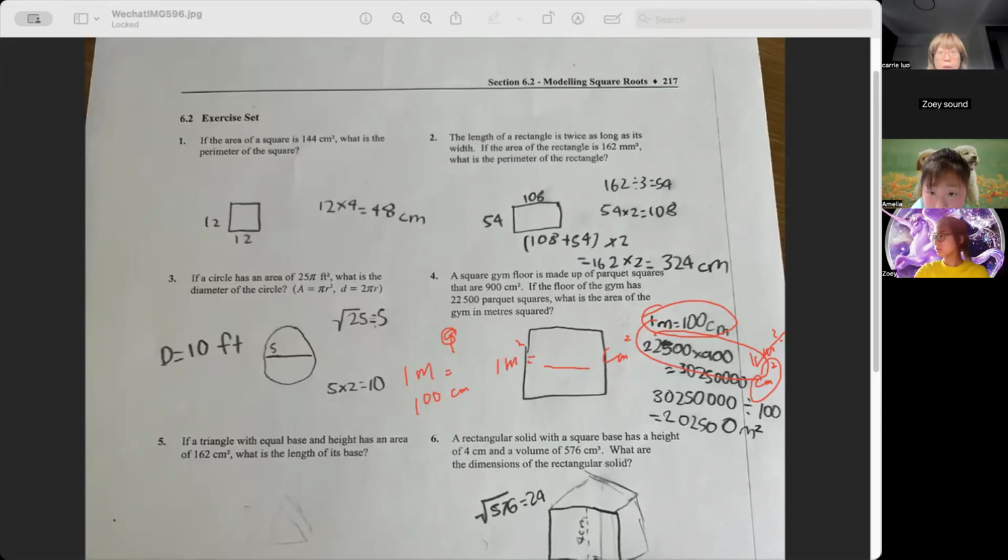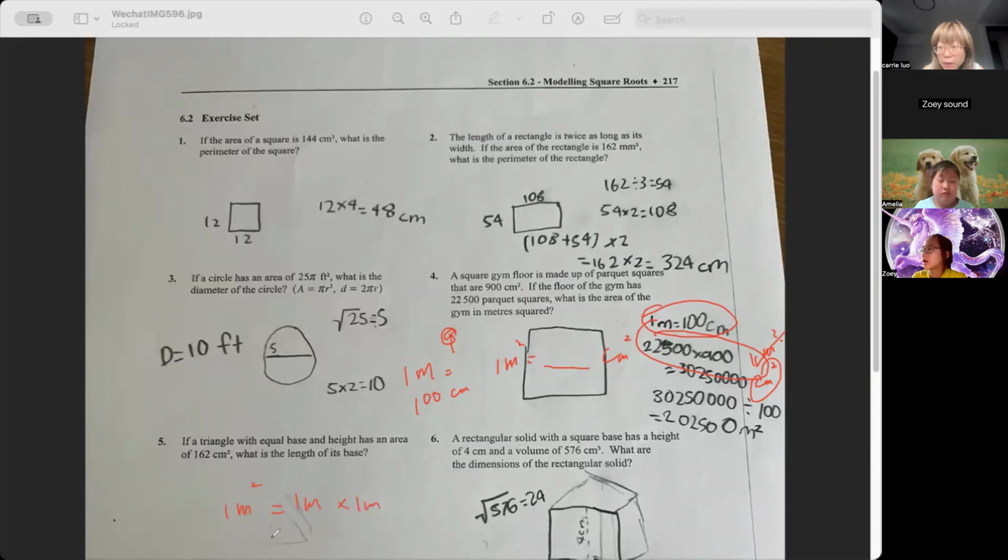Zoe and Amelia, both are not correct. OK, so how do we calculate 1 square meter? 1 square meter equals 1 meter times 1 meter.